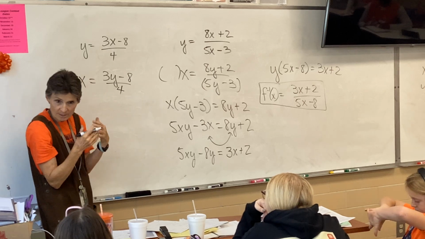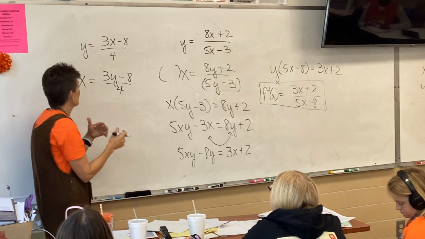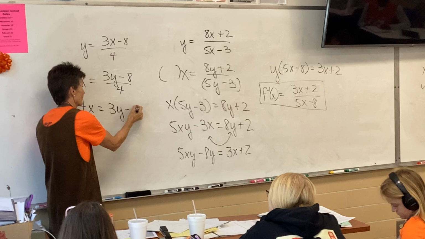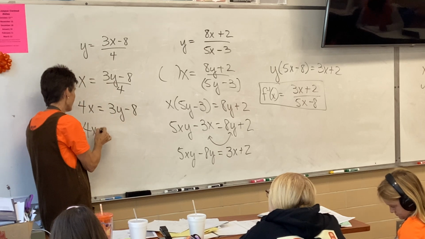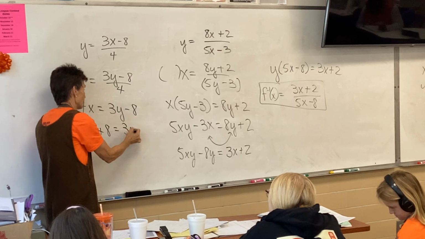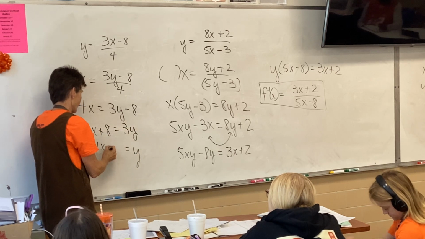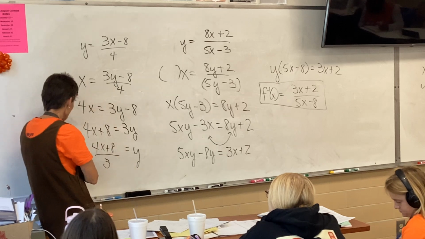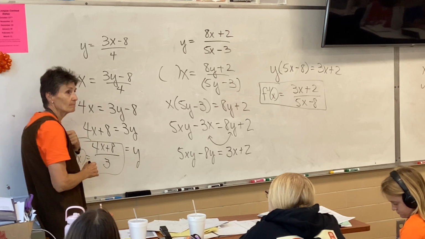I don't have to do any distributive, I don't have to do any rearranging. So times by 4. Add 8. And divide by 3. And that is that.